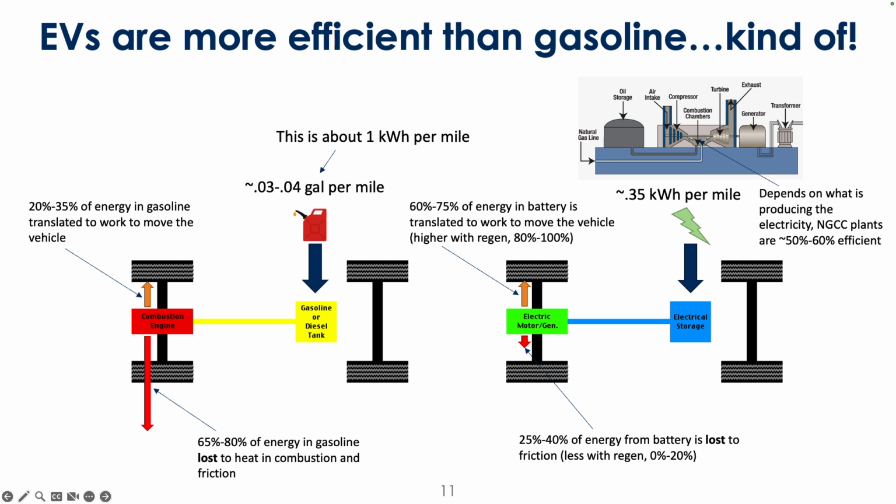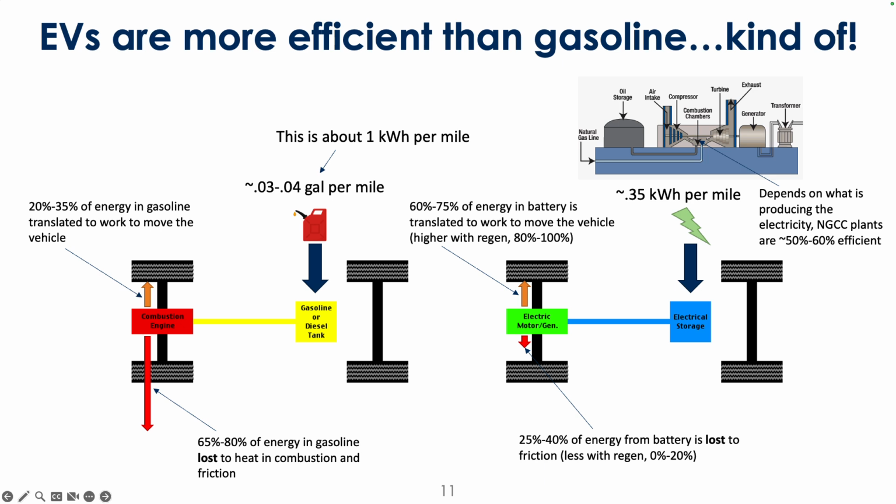It's still going to end up being higher, because if a natural gas combined cycle power plant is about 60% efficient, and our electric vehicle we'll say is 90%, 60% of 90% is still going to be 50 to 60% in total efficiency. So you're still quite a bit more efficient than your gas car, but that difference is shrunken by quite a bit.